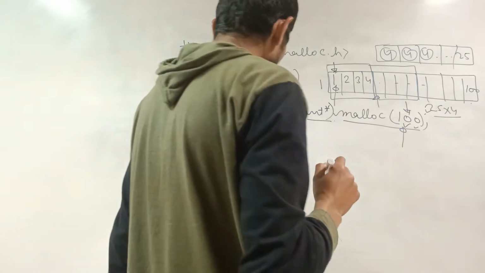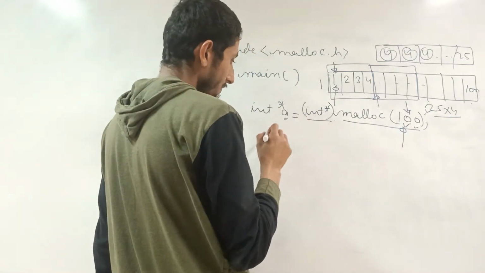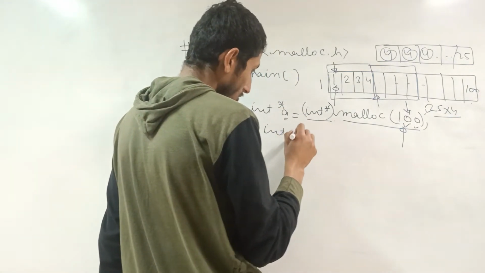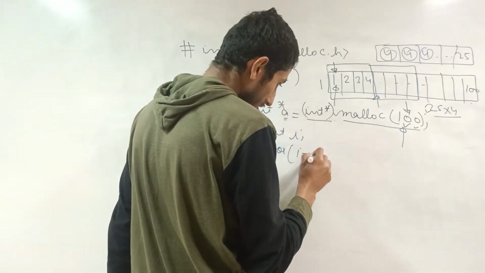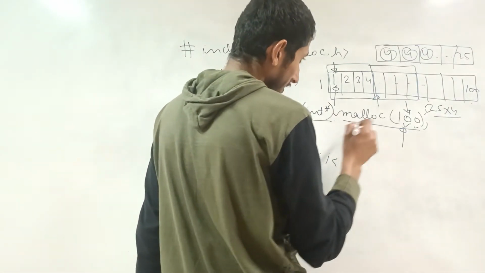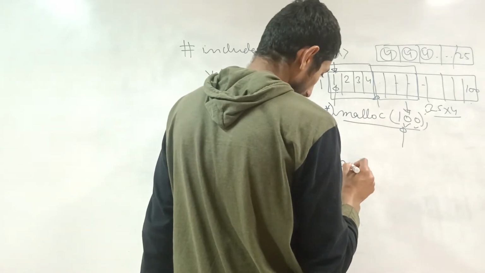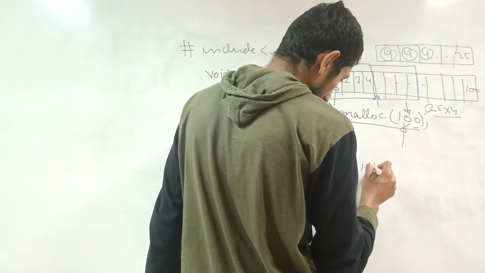Then I have assigned the base address to A. So what can I do? I can apply a loop: for i equals 0, i less than 25, i plus plus.